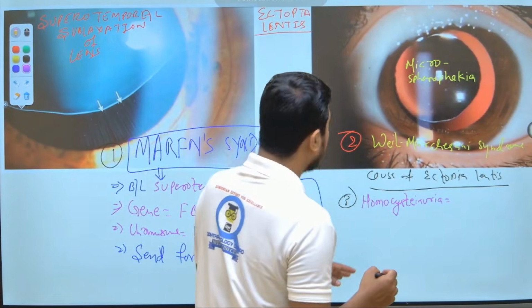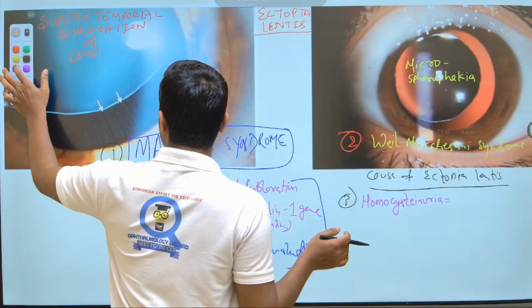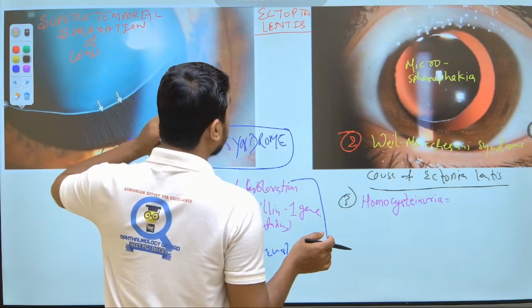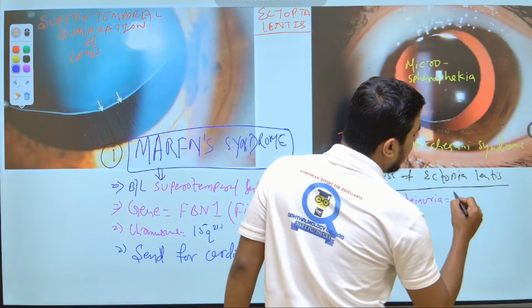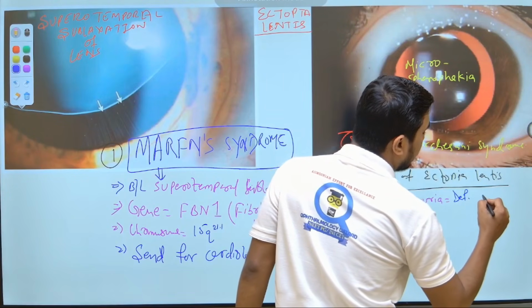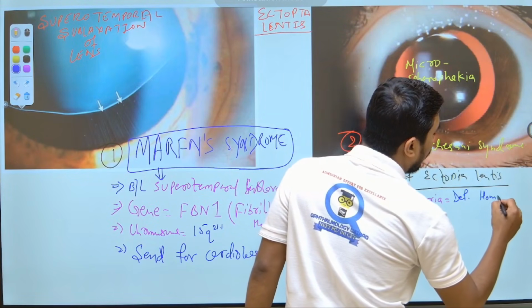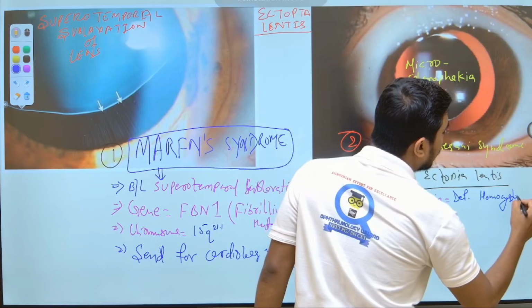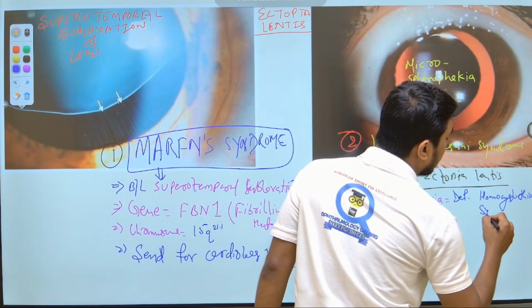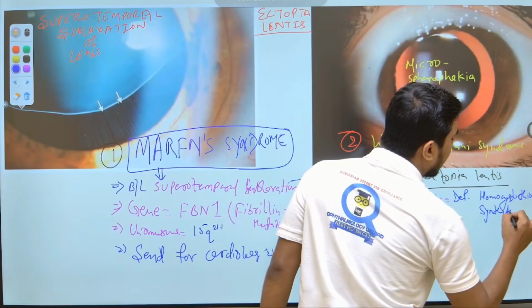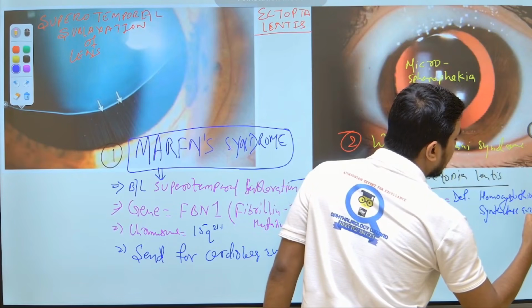So there is a deficiency. What happens in homocystinuria? In homocystinuria, there is a deficiency of the cystathionine synthetase enzyme.